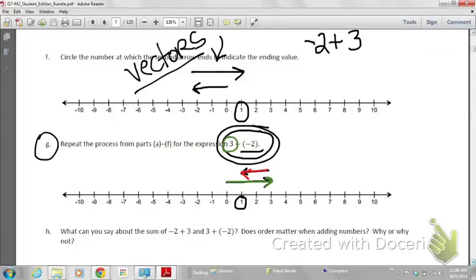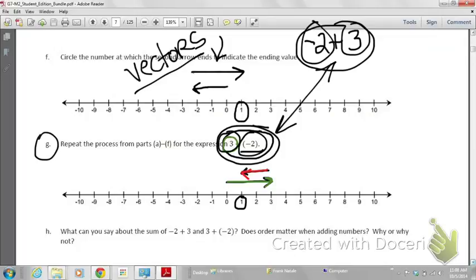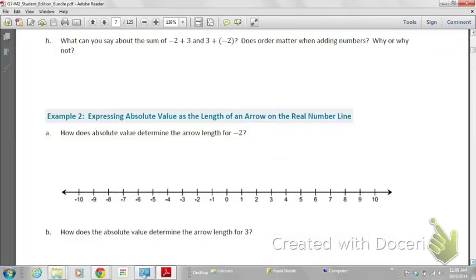These two are the same because they are the sum of a negative 2 and a positive 3, and they leave us in the same exact place.